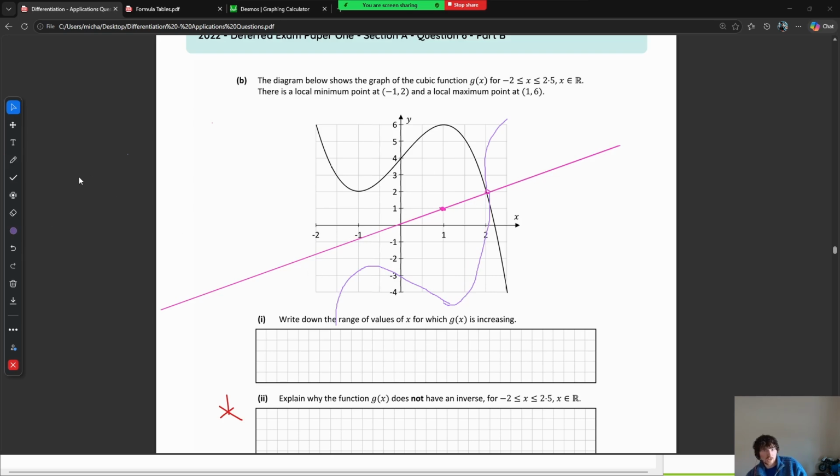So the main issue here is, look at what's going wrong here. It looks like if I draw a vertical line, I'm going to hit it twice there, okay? So that's the main reason there.